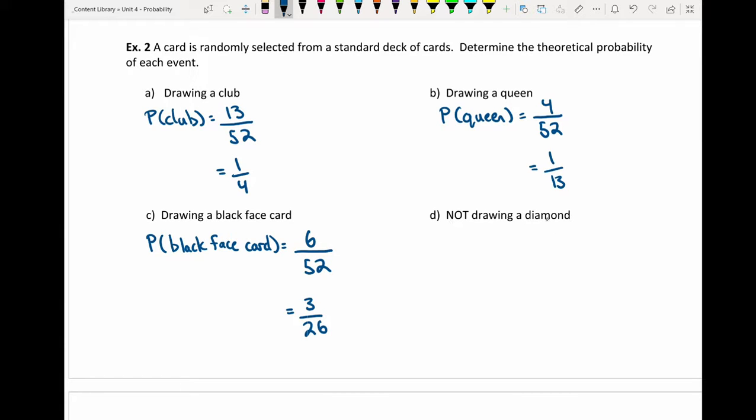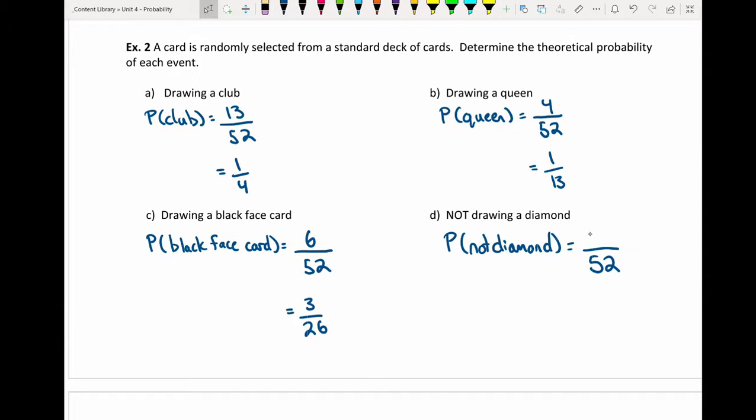D, not drawing a diamond. So the probability of not drawing a diamond. Again, the total number is going to be 52. Now, how many successful outcomes are there? Basically, how many cards are not diamonds? There are 3 suits that are not diamonds, and there are 13 in each suit.